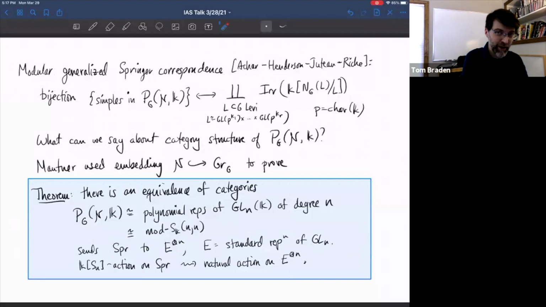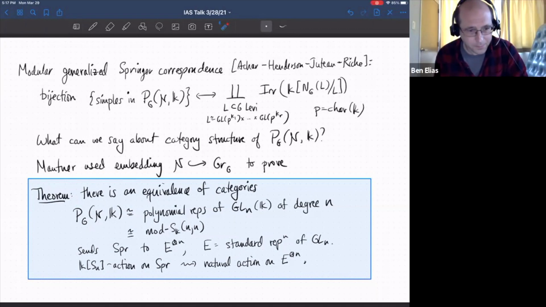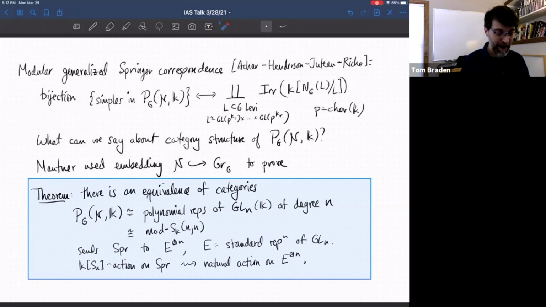I think Achar, Henderson, and Riche, some subset of them, wrote a paper using that, and probably there is a similar story, but I think Carl has a better idea of what it looks like, and it hasn't been written up in any complete form. But if I'm not saying something about some of these other cases, it's not because I know that it's not possible, but because I don't know the details.